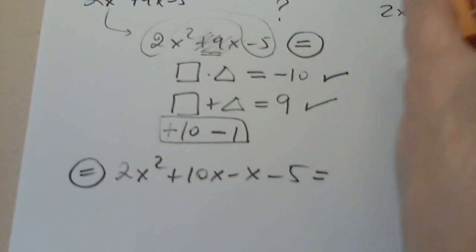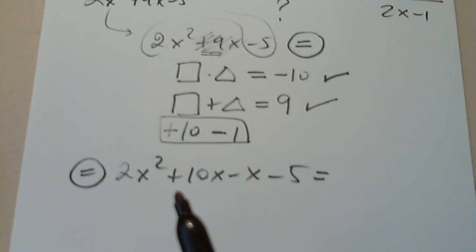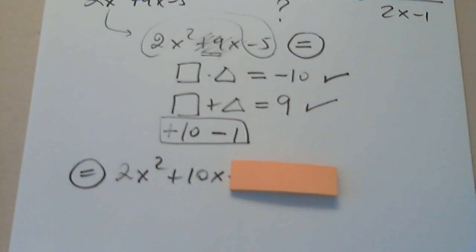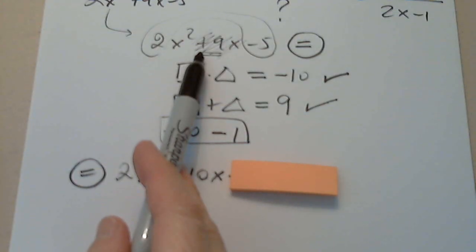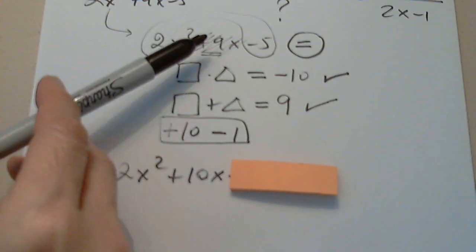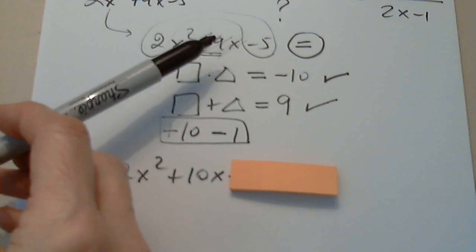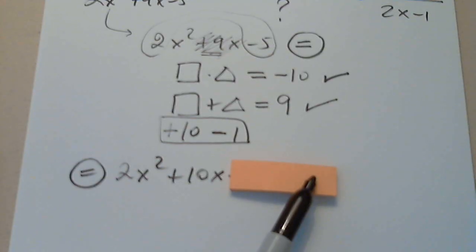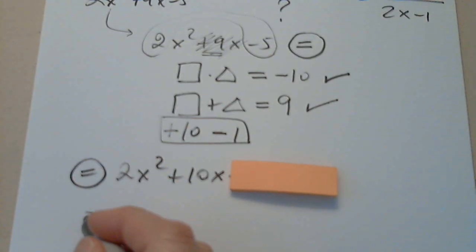But we are in the position now to use factoring by grouping because I had 4 terms. Here I could not use factoring by grouping because I had 3 terms. This procedure allowed me to represent 9x in the form of 2 terms, so I can factor by grouping.